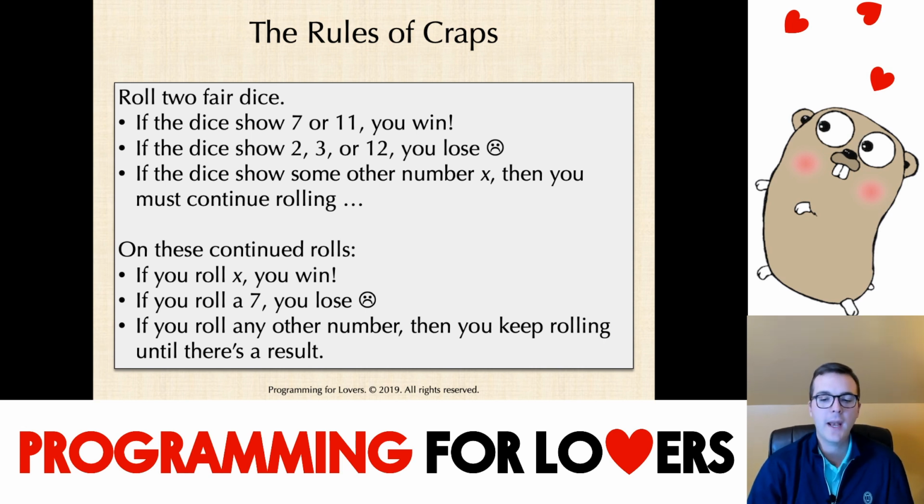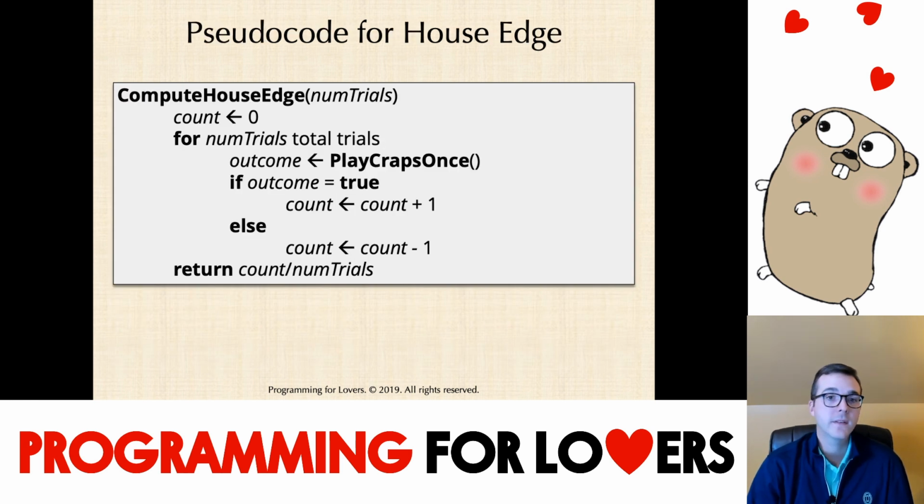We can write out pseudocode for computing the house edge of a game like craps. Take some count variable, initialize it to 0, and then for num trials total trials, let's play the game once.